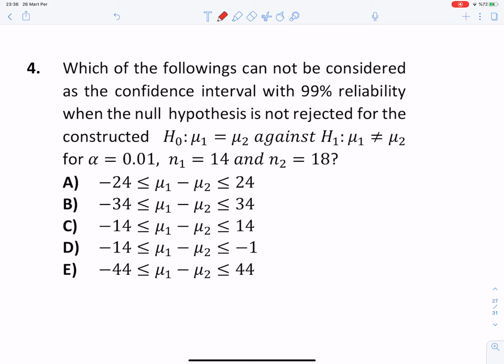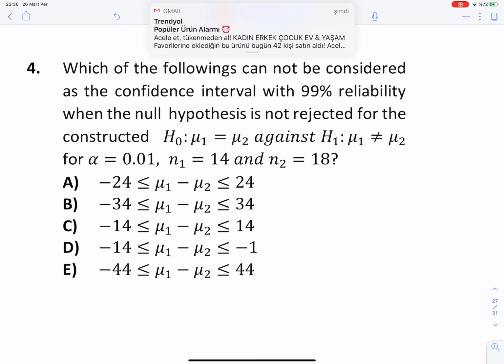If you are given the confidence interval, all you need to care about is whether the difference between mu1 and mu2 is different from 0 for the rejection.